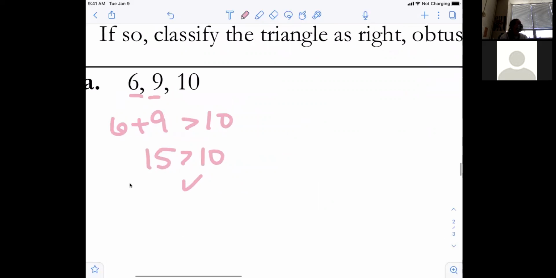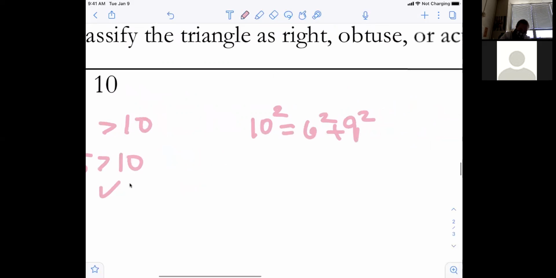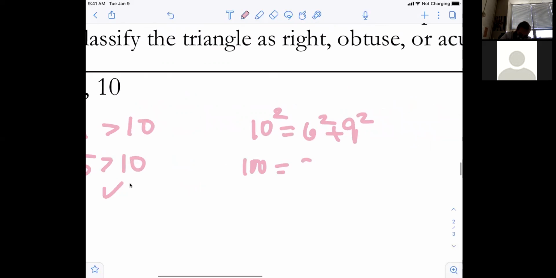Now we want to do c squared equals a squared plus b squared and see what happens. So I'm going to do 10 squared equals 6 squared plus 9 squared. You guys okay with that? Okay. 10 squared is 100. 6 squared is 36, and 9 squared is 81.